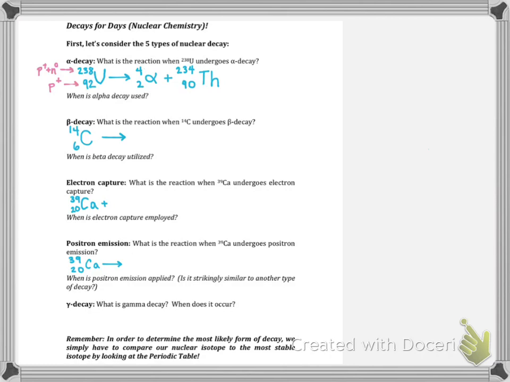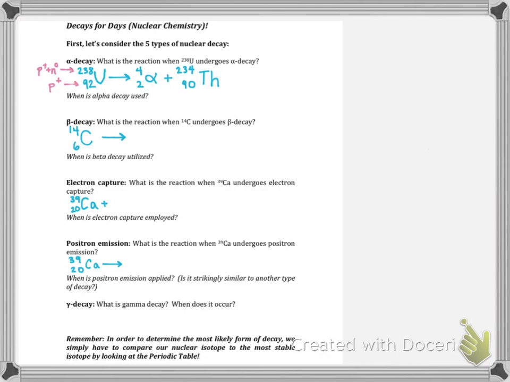And they ask us, when is alpha decay actually used? Alpha decay involves the biggest particle, and so bigger elements that are trying to get rid of a lot of material to become more stable are going to undergo this.